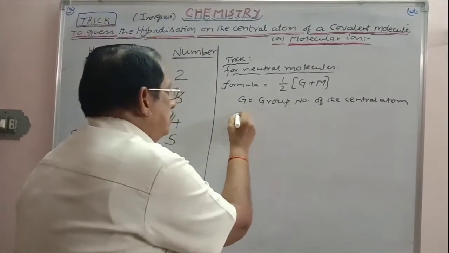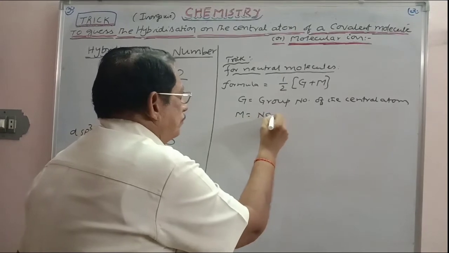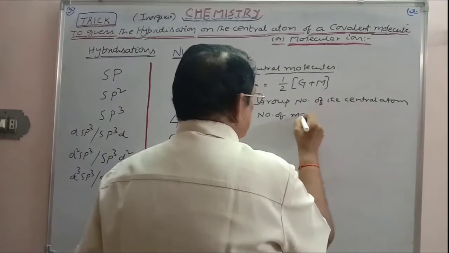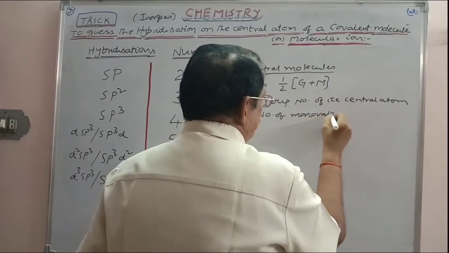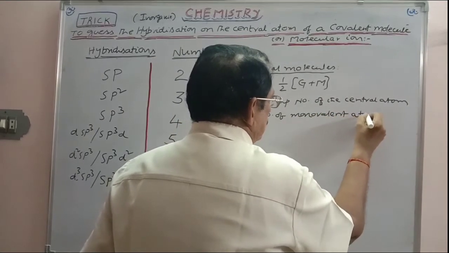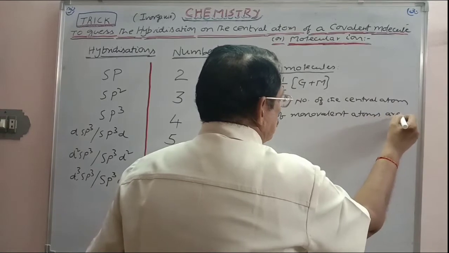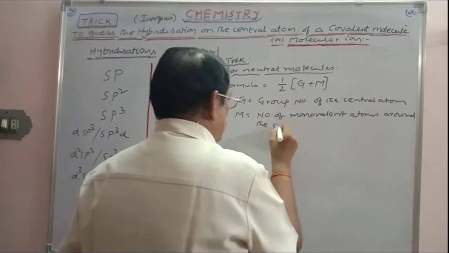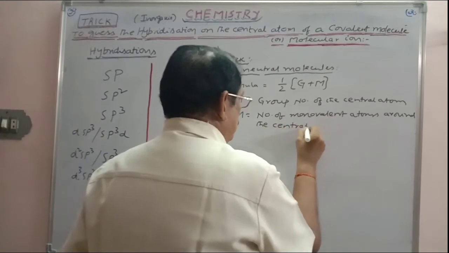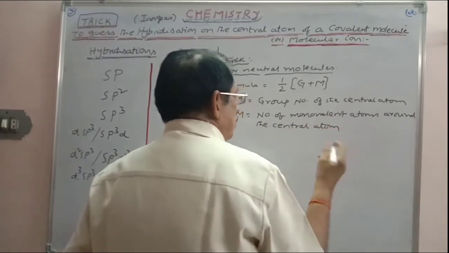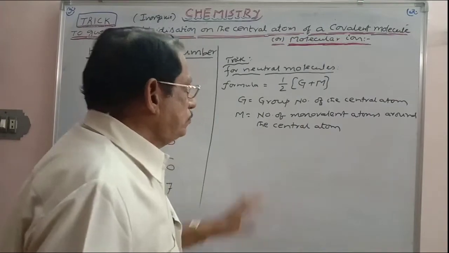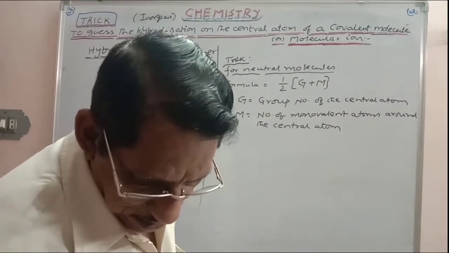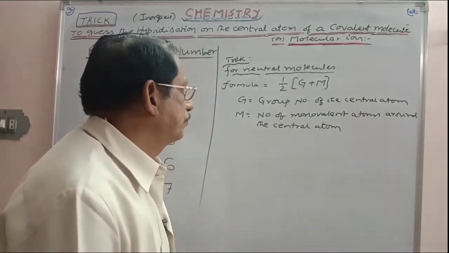M is the number of monovalent atoms around the central atom of the covalent molecule. You have to take here only monovalent atoms.